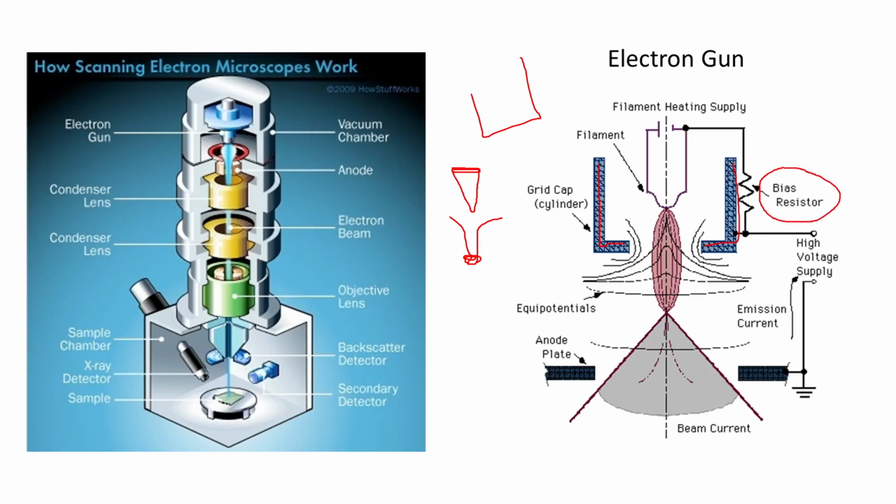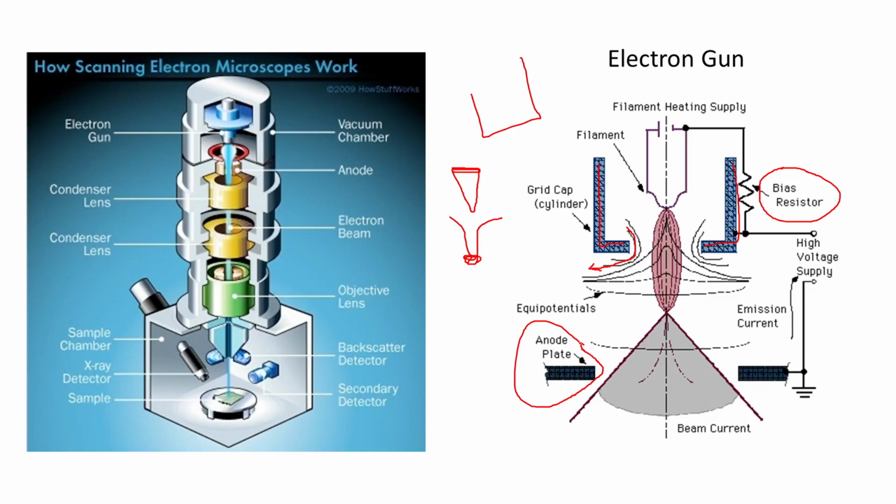This provides a voltage in such a way that electrons get attracted towards them, so they start moving and diverge over here, and after this we have this anode plate.